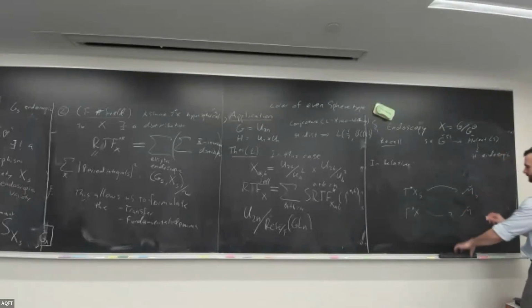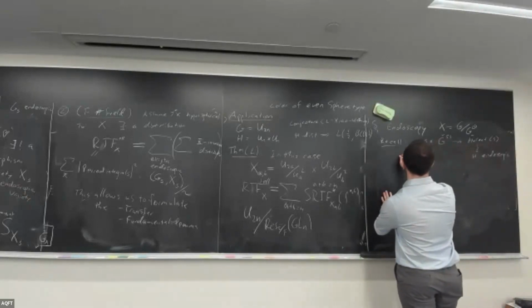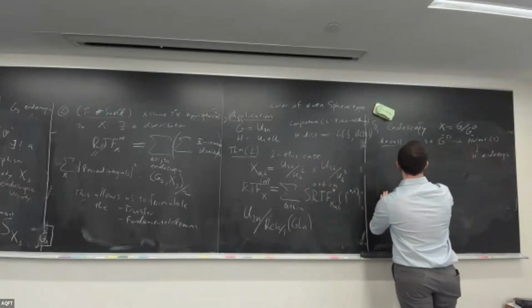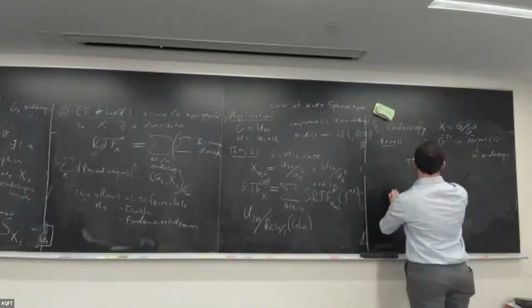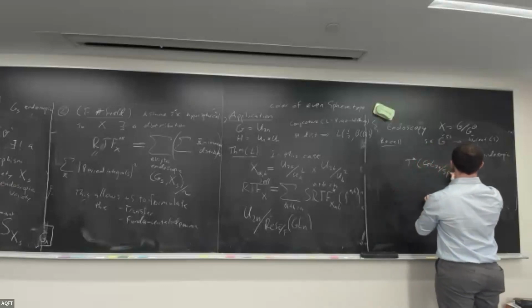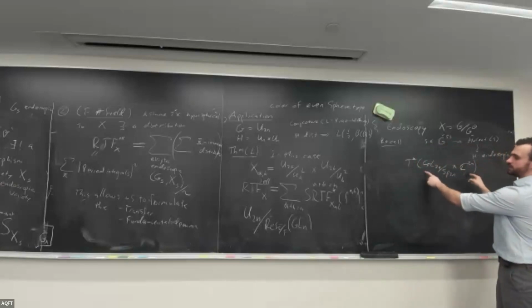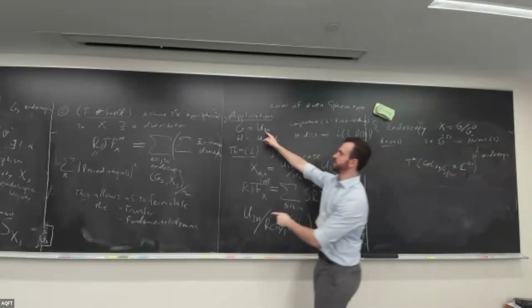Let's just look at the example of this case. You have T star GL2N mod SP2N, C2N cross. This is the dual Hamiltonian for this case.